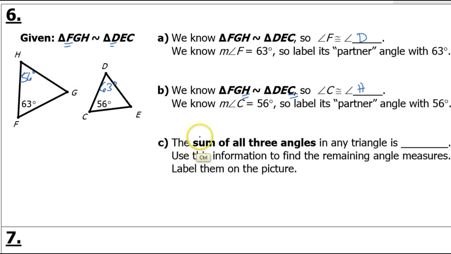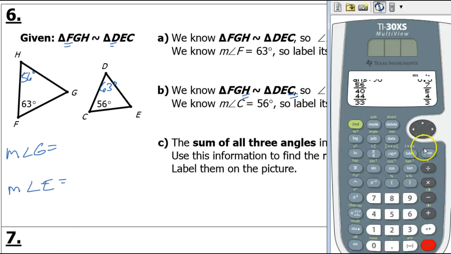Now, the sum of all three angles in any triangle is going to be 180 degrees. So using this information, we can find the measure of angle G, and that will also enable us to find the measure of angle E. Okay, so they have to add up to 180.